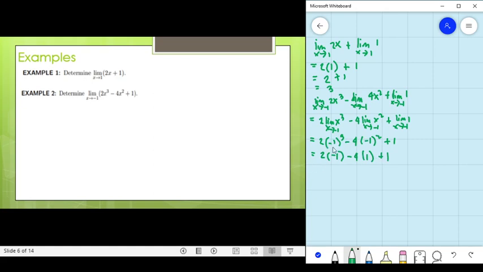Negative 1 times negative 1 times negative 1 is negative 1, and this one is positive because we are squaring negative 1. So this is negative 2 minus 4 plus 1, and negative 2 minus 4 is negative 6, plus 1 is negative 5. So number 2, the limit of 2x cubed minus 4x squared plus 1 as x approaches negative 1 is negative 5.